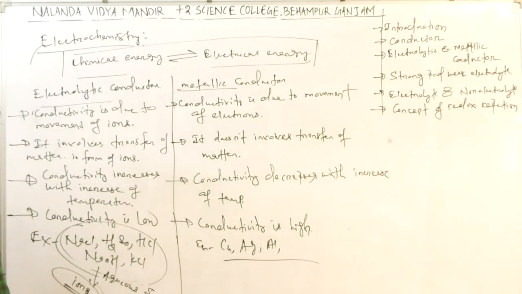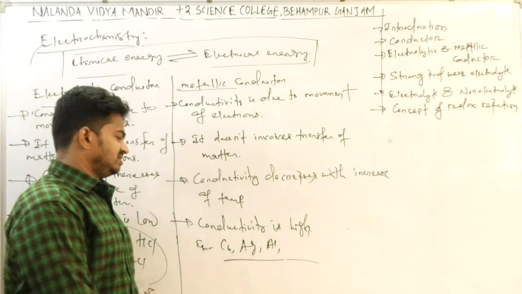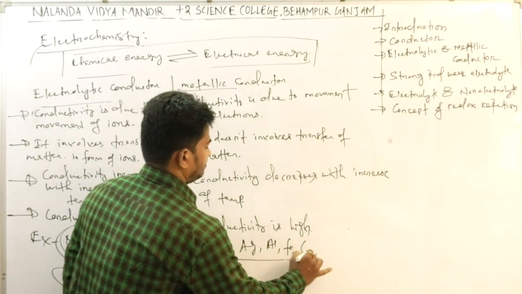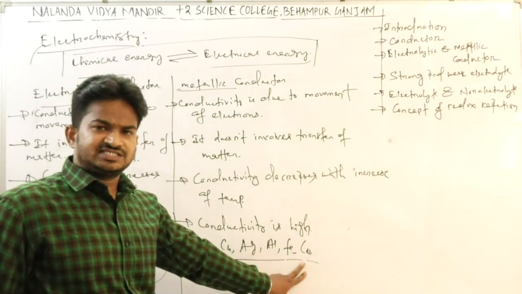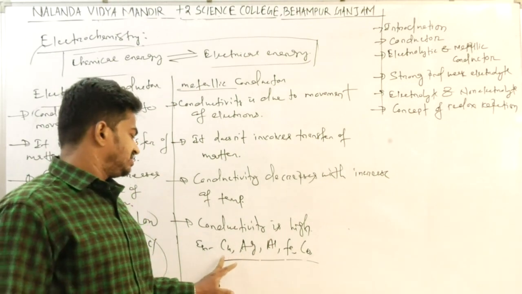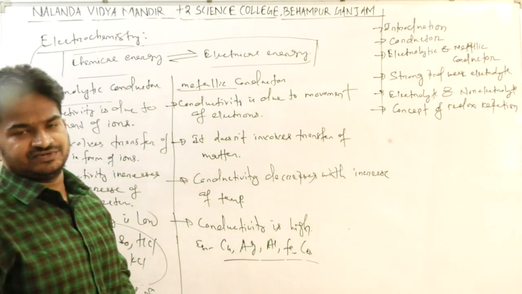These ions are responsible for conducting electricity. Similarly, all the metals, iron, cobalt, are some metals which conduct electricity. These metals have free electrons, and these free electrons are responsible for conductivity.